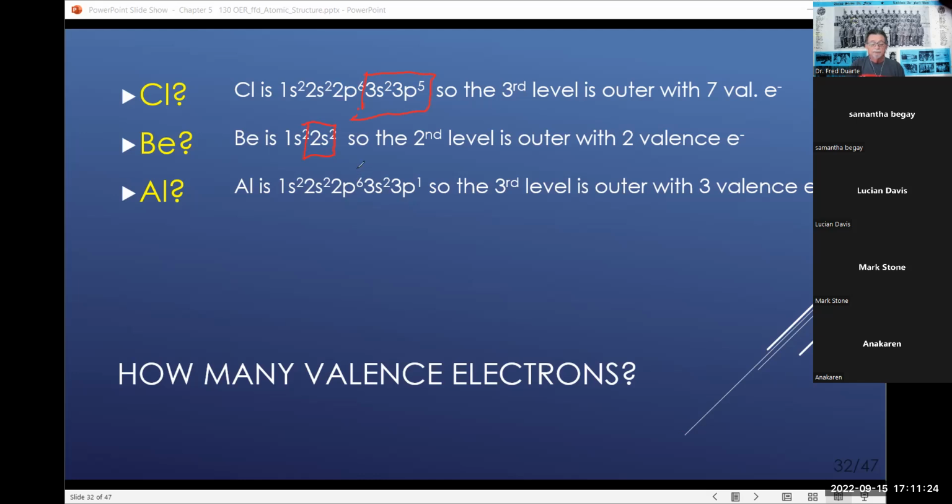And then aluminum is in group 3A, and it has 3 valence electrons. And being a metal, guess what? It's going to lose those 3 valence electrons and have a net charge of +3 after it's done that.